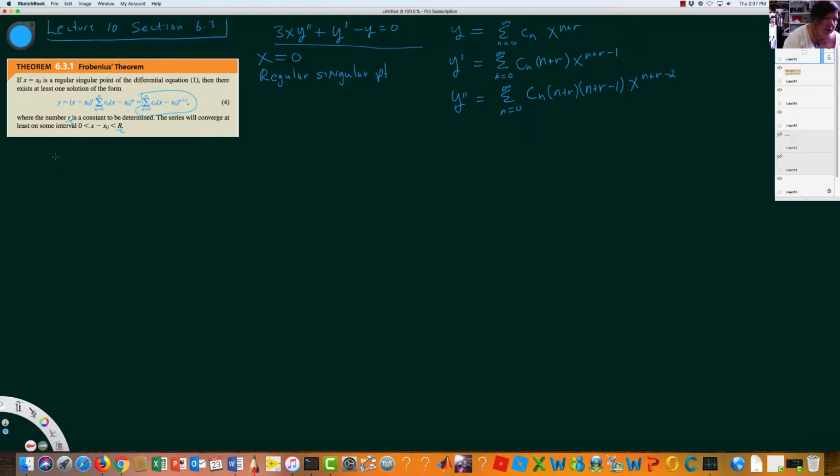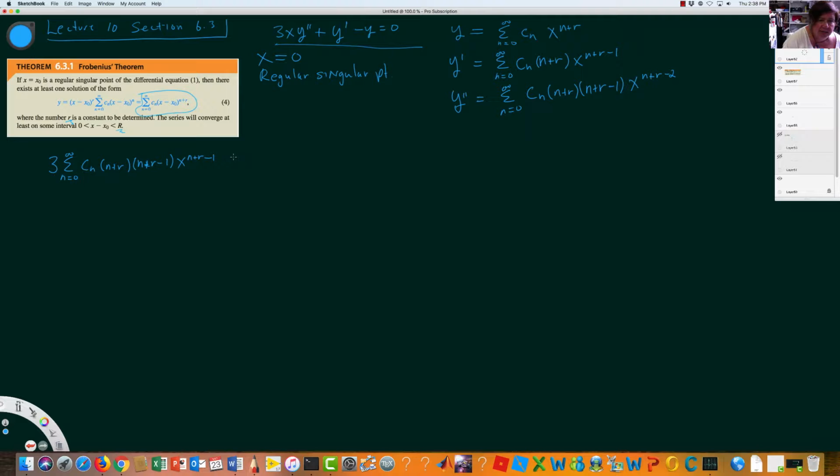Okay, so we get 3, and then we get the sum n equals 0, and I'm pulling the x in all in one thing here, but we get Cn (n+r)(n+r-1) x^(n+r-1), because I took one of those off, because I pulled in the x, right?